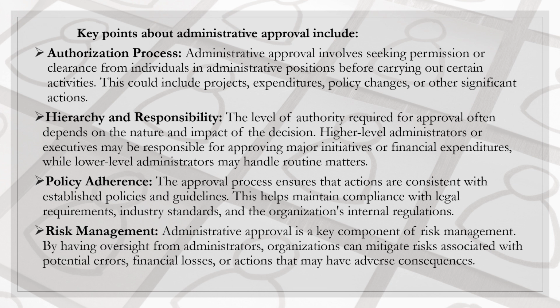And in hierarchy and responsibility, the level of authority required for approval often depends on the nature and impact of the decision. Higher level administrators or executives may be responsible for approving major initiatives or financial expenditures, while lower level administrators may handle routine matters.